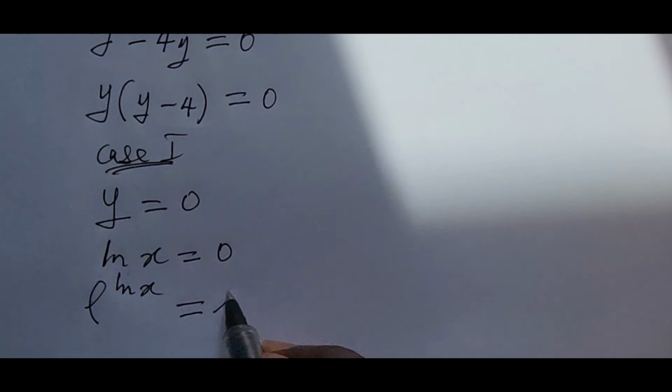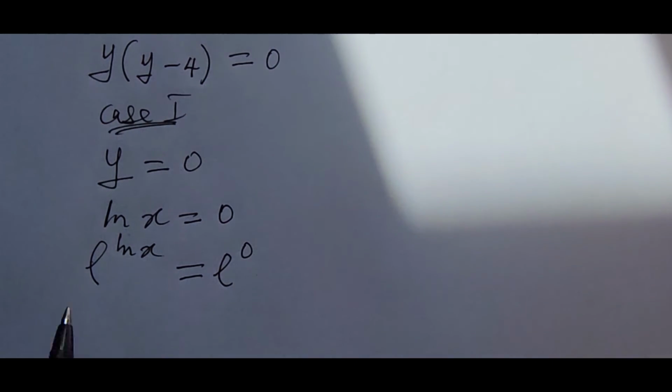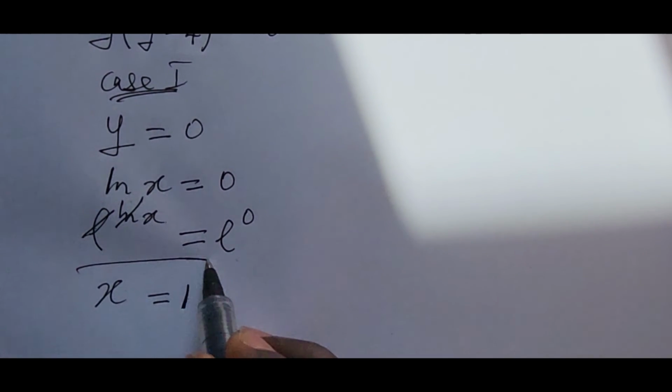This gives us e all raised to the power of ln of x is equal to e raised to the power of 0. Because this is e to the power of ln base e, this and this will leave the system. So x is now equal to e to the power of 0, which gives us 1. This is the first value of x that will satisfy this equation. So this is our x1.